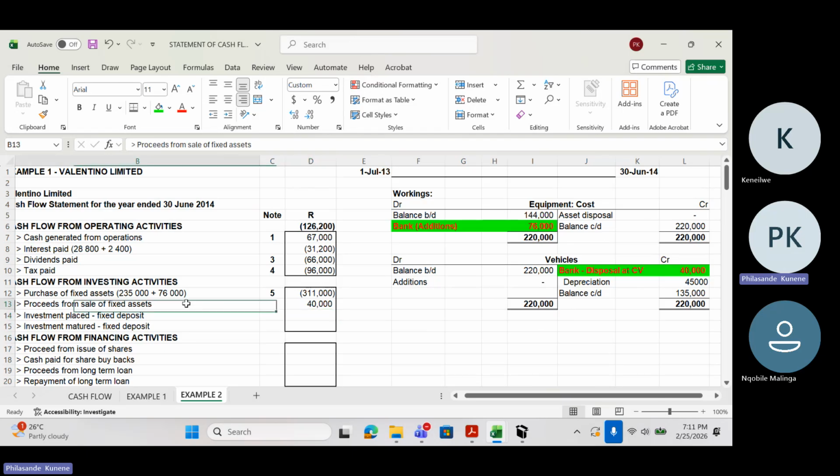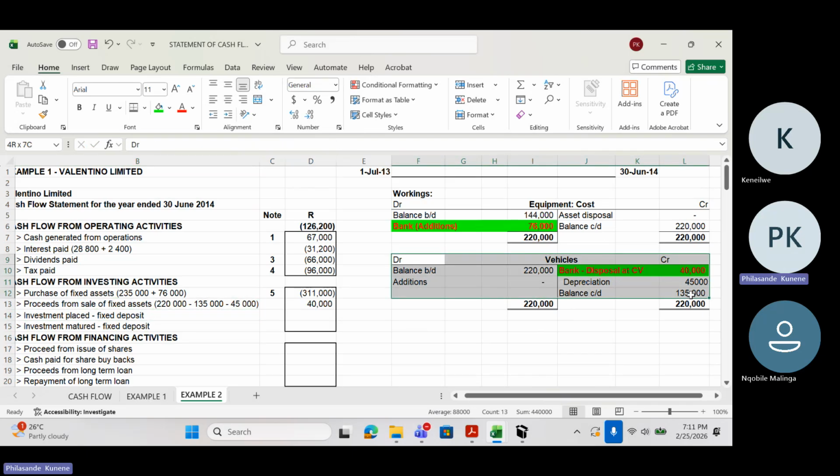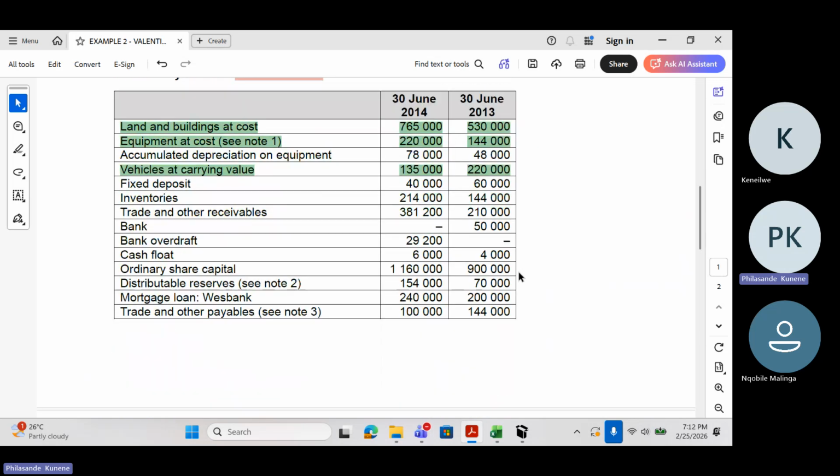Right? You can even do your workings by saying 220,000 minus 135,000 minus 45,000. So this could be your workings from your T account, from your general ledger. Then you're done. So it's very simple like that, guys. Nothing we should be worrying about.